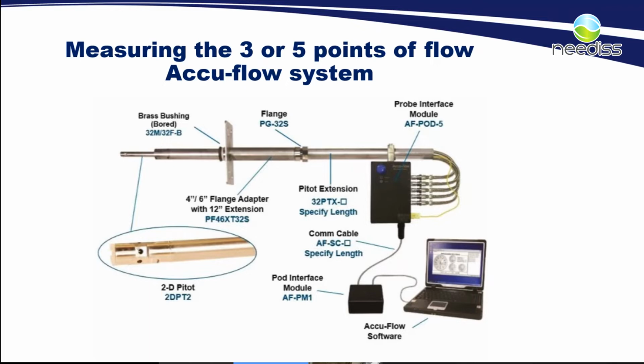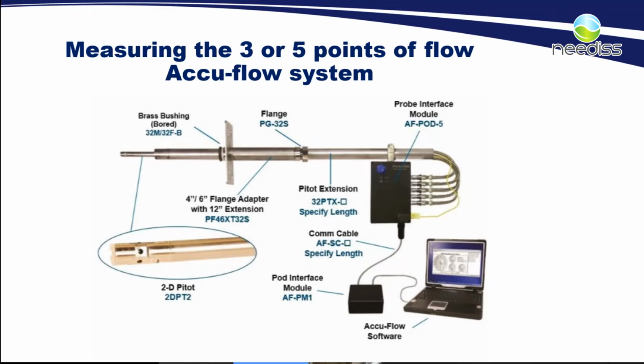When we look at an S-type pitot that everybody here is probably very familiar with using for their isokinetic sampling, we bring our accuracy down to about plus or minus 10%, depending on the construction of the pitot and other small variables.